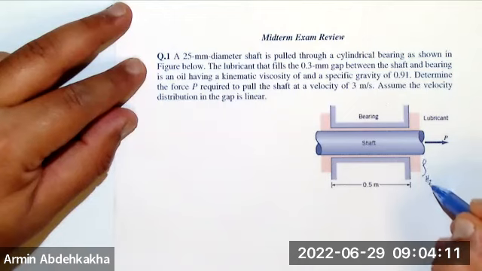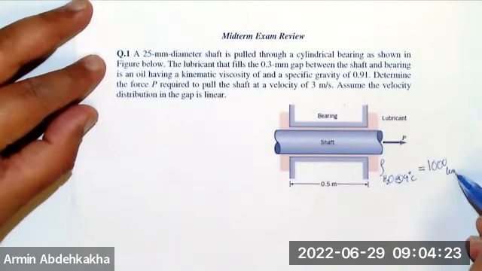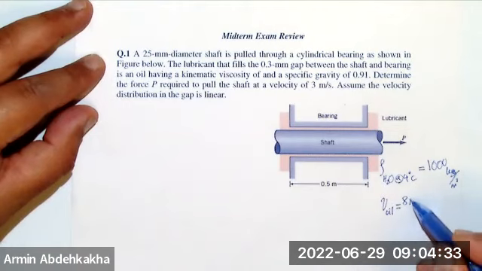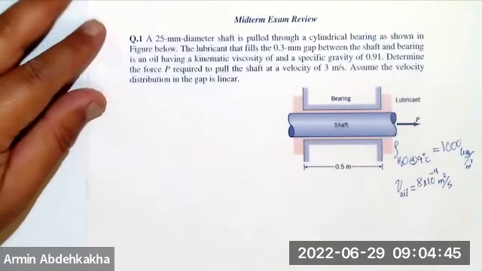First, density of water at 4 degrees is 1000 kilogram per meter cube, and nu of the oil is 8 times 10 to the power of -4, because it mentioned that kinematic viscosity is given. I forgot to write it down there. Okay, so these two constants are given.